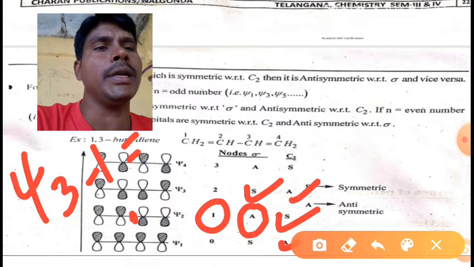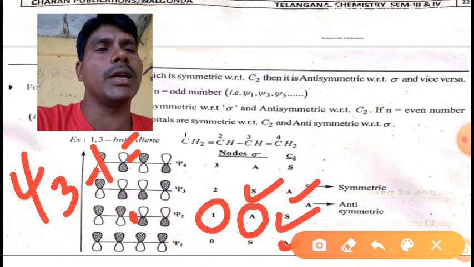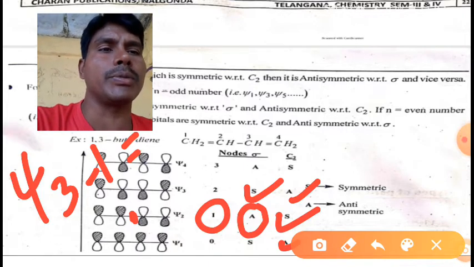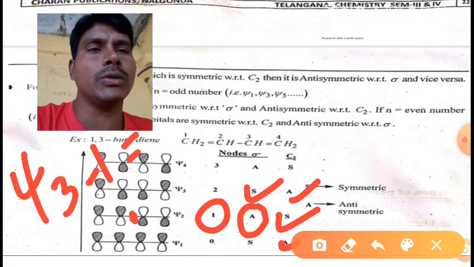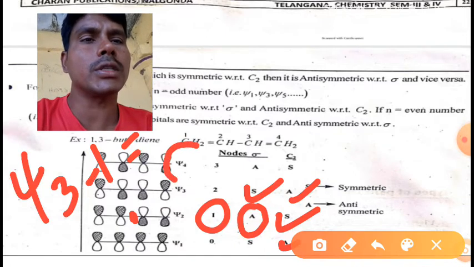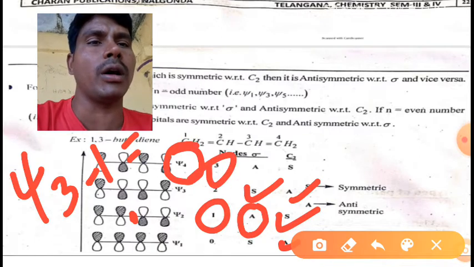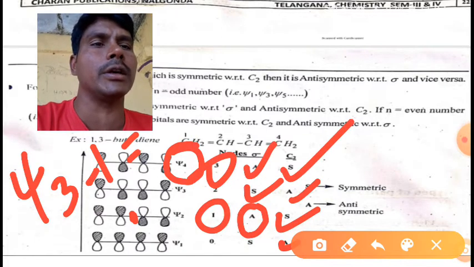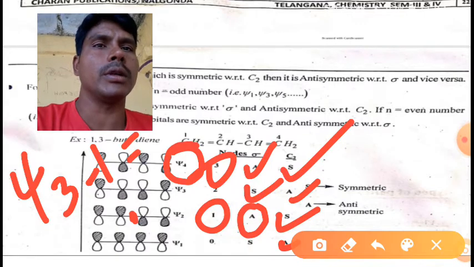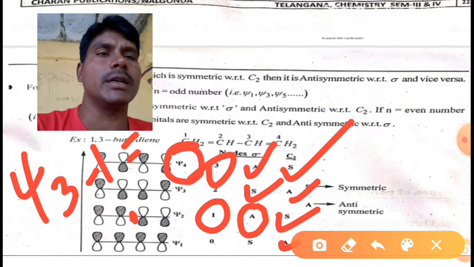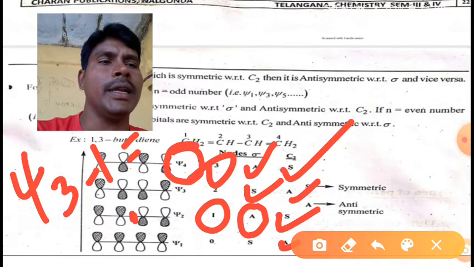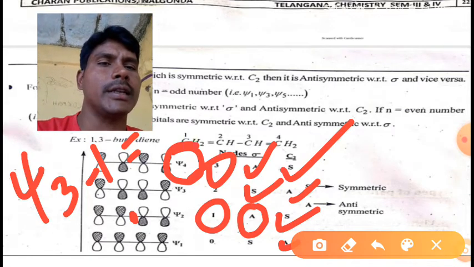So symmetric means plane of symmetry present, and absent means plane of symmetry absent or C2 absent. Next one, psi 4, 3 nodes, an odd number of nodes. So sigma is absent, and automatically C2 is present in the molecular orbital. These are the symmetry elements in pericyclic reactions.